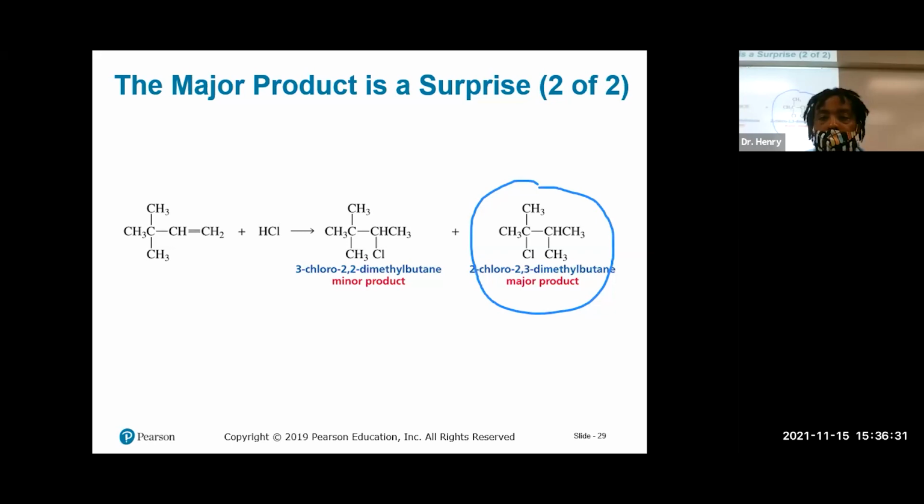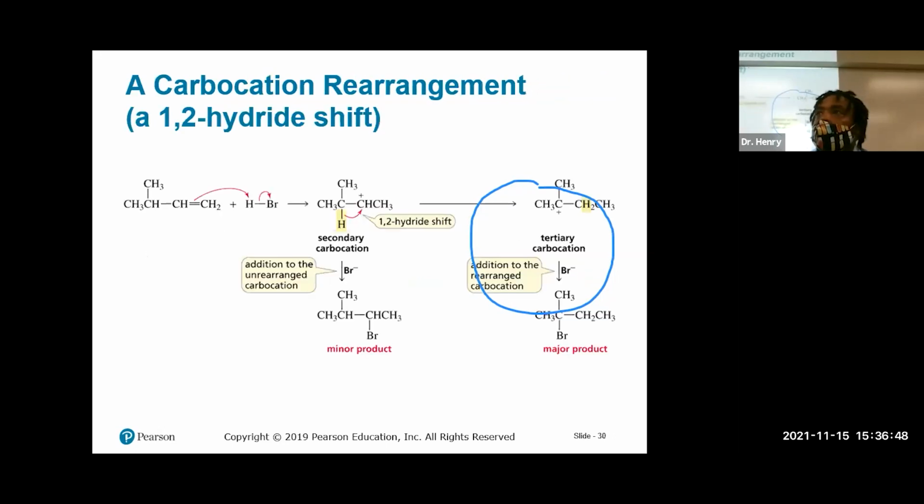Yes, it happens in reactions. This is why chemistry is fun, right? Because you have more stuff to remember that could happen. So this guy here, this is our secondary, right?